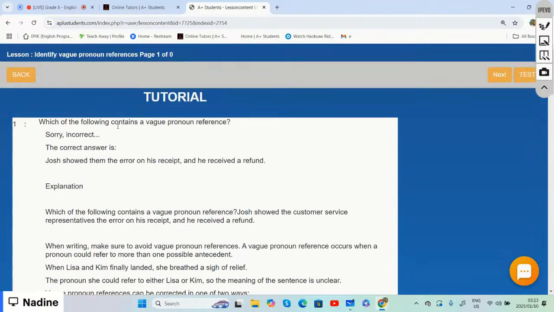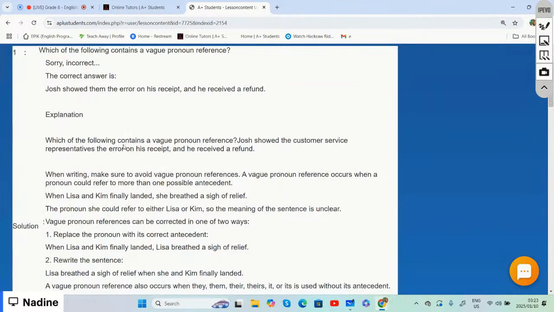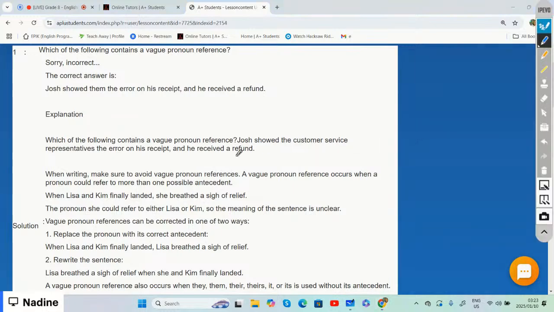All right, so now we're going to identify vague pronoun references. We need to say which of the following contains a vague pronoun reference. I'm going to underline both, using different colors. It says, "Josh showed the customer service representative the error on his receipt and he received a refund."